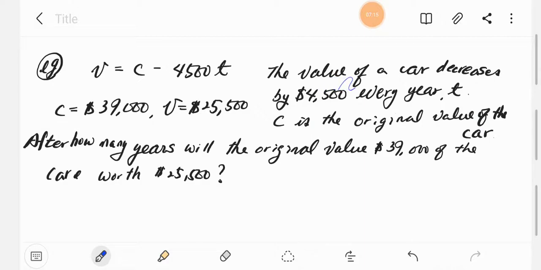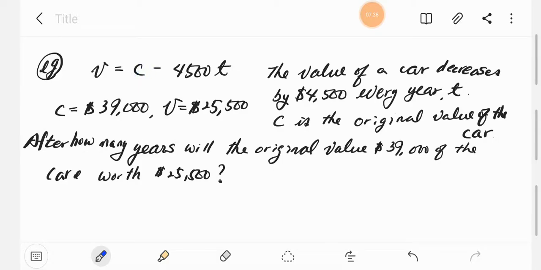So the value of a new car is the price of a new car, and every year the value of the new car will be decreased by $4,500. So the equation looks like this. V is the current value after T years, and C is the original value.